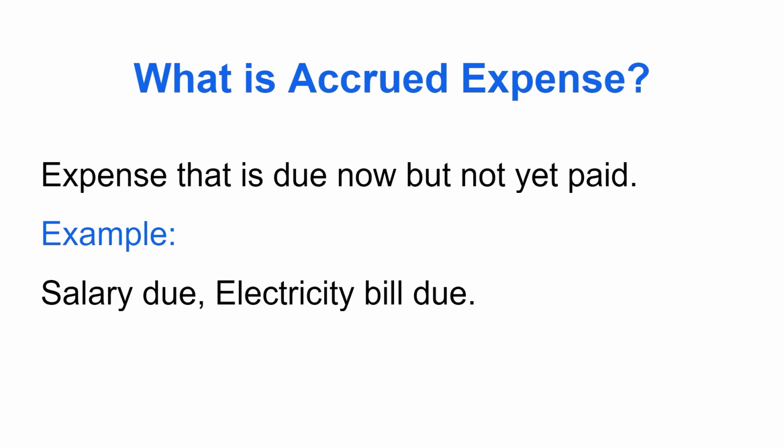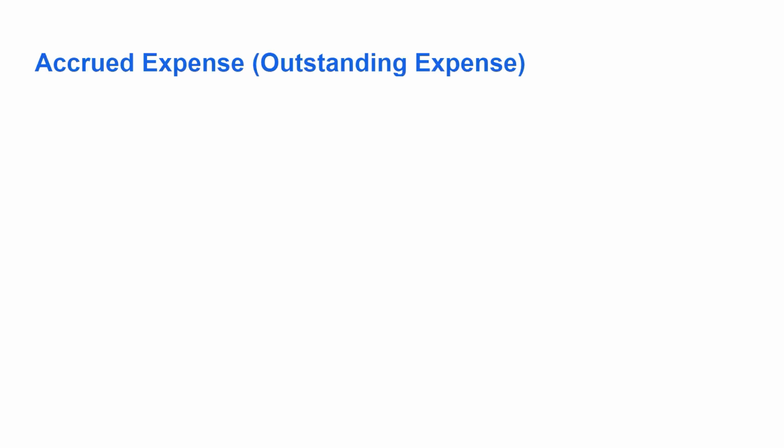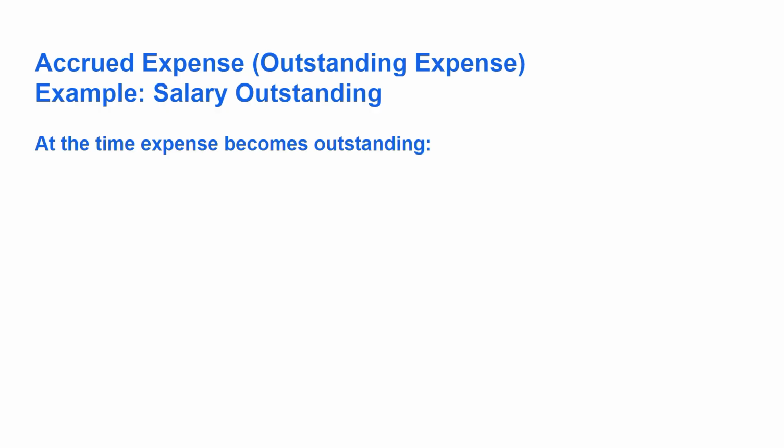Let's see the journal entries. Accrued expense, also known as outstanding expenses. Example, salary outstanding. At the time when expense becomes outstanding, the two accounts affected are salary account and outstanding salary account.